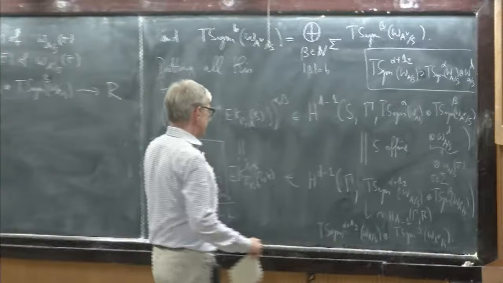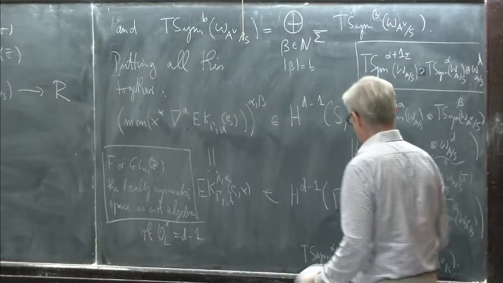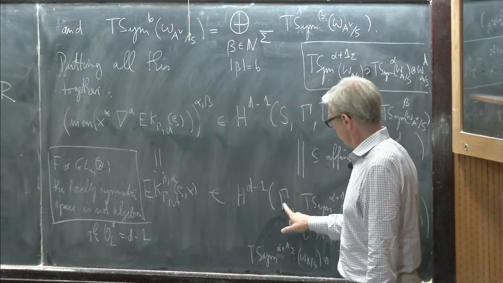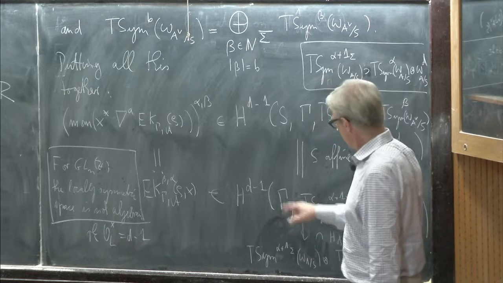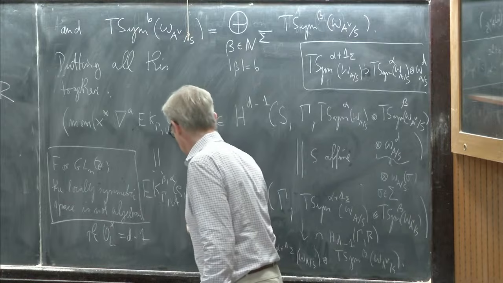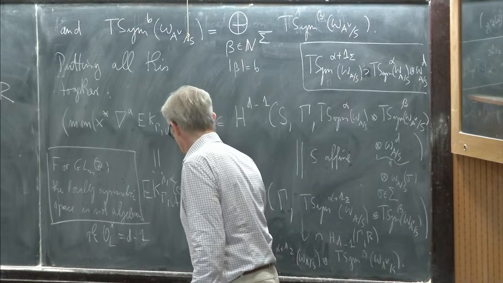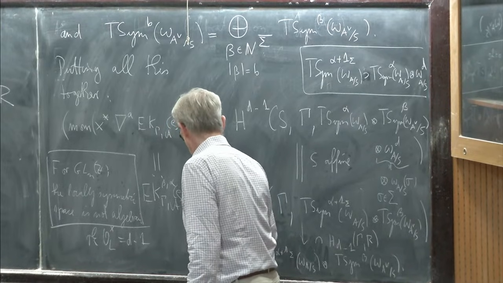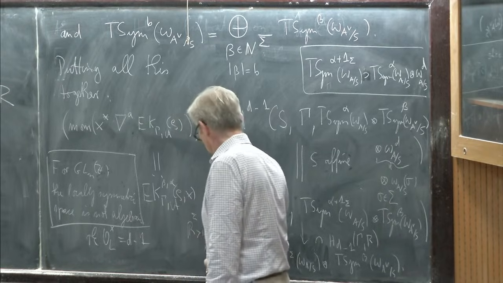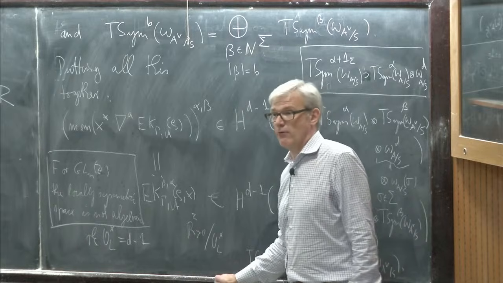I mean, this was a general remark, but if you look at this unit group, the locally symmetric space associated to that group would be something like R to the sigma greater or equal to 0 divided by OL star. And this is never an algebraic variety.